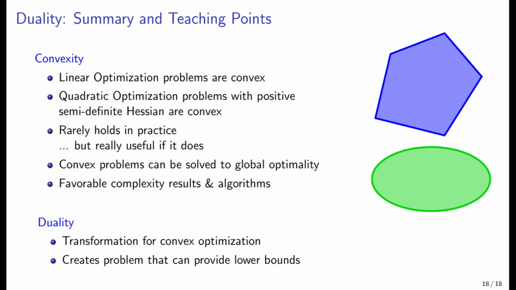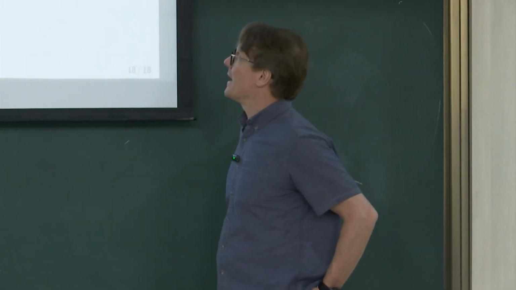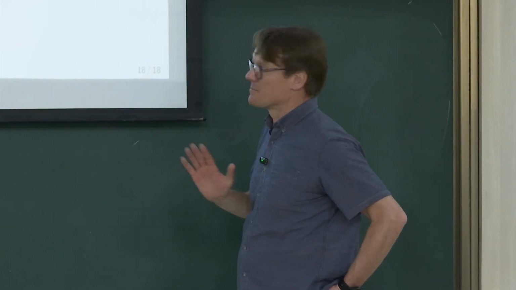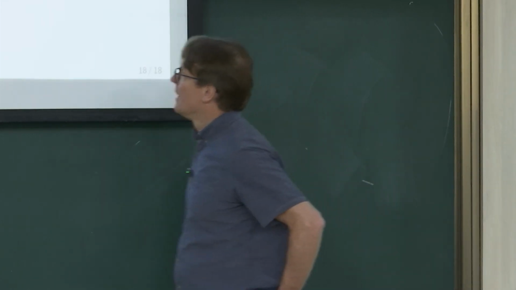Now, in practice, many problems are non-convex, and so we still have to cope with that. The nice thing is that we can often solve convex problems to global optimality. And in fact, the nonlinear optimization solvers will give you a guarantee that they will find the global optimum in that case, provided there's some stability assumption that holds.